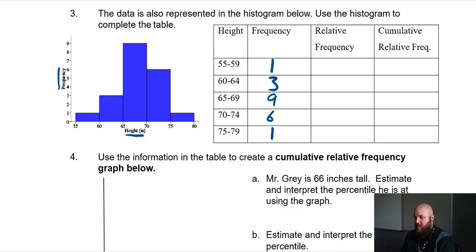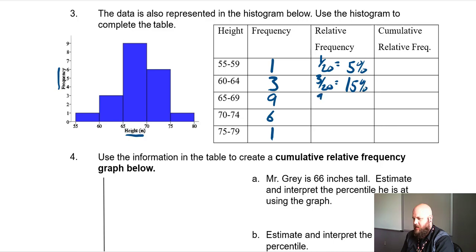Now, relative frequency. In other words, that value over 20, right? So we take 1 over 20. That should give us 5%. Take 3 over 20. That should give us 15%.